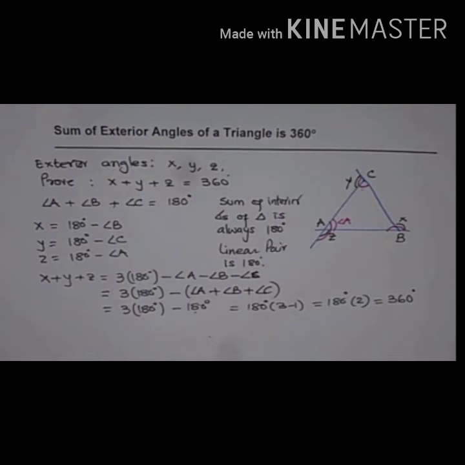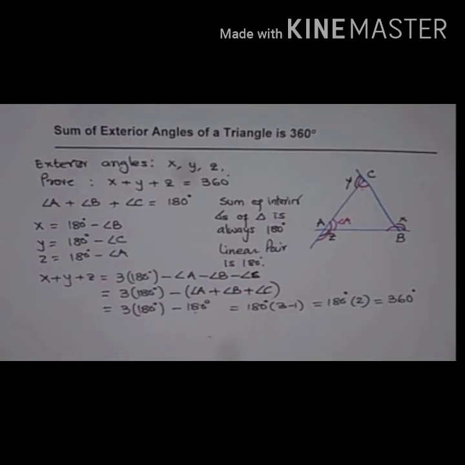And we already know that angle A plus angle B plus angle C equals 180 degrees because the sum of interior angles of a triangle is 180 degrees. And we will get X as 180 minus angle B, Y as 180 minus angle C and Z as 180 minus angle A. We know that these are linear pairs.